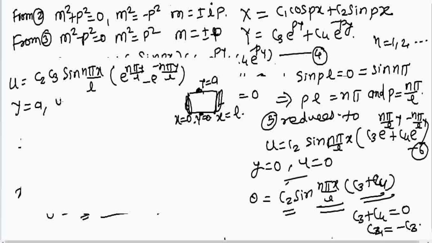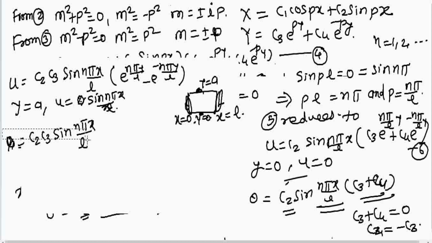Okay, so this value of u equal to 0 equal to C2 into C3 into sine of n pi x divided by L. Now instead of 0, if we take this equal to sine of n pi x divided by L, this is the initial condition which we are now applying to get the values of the constants.